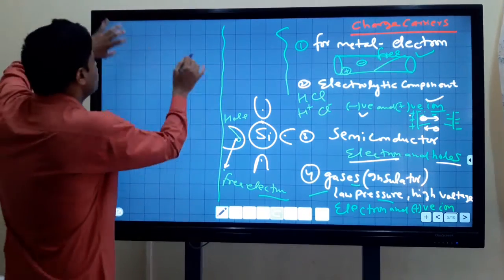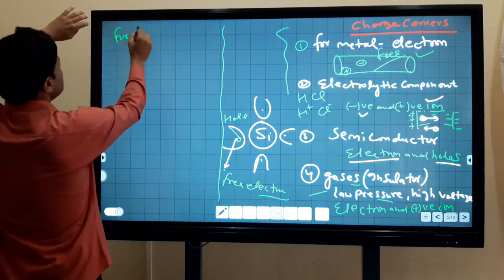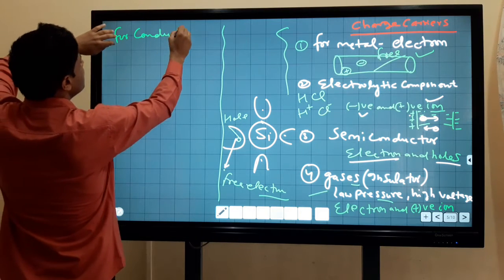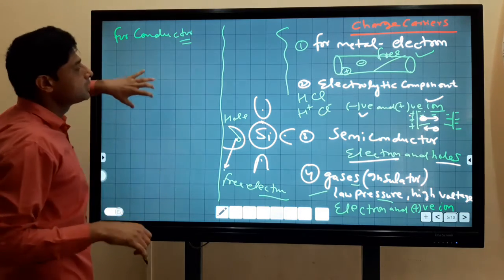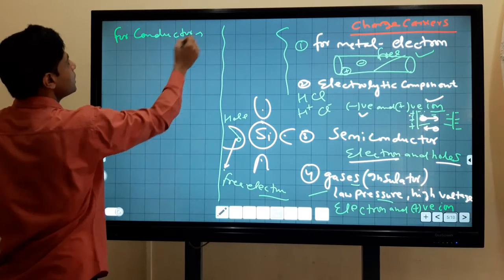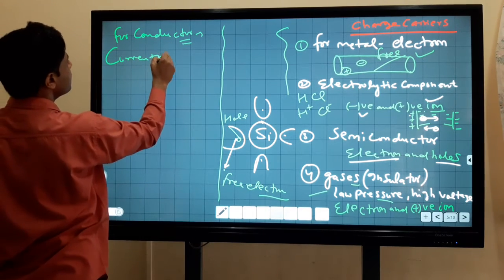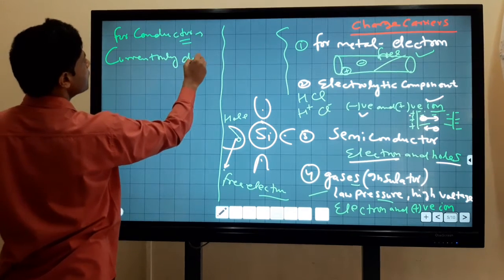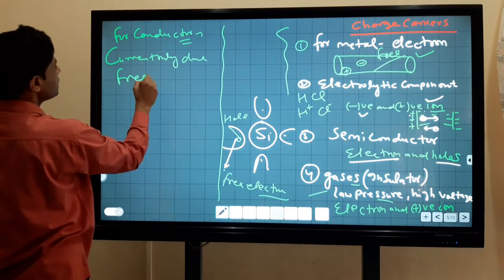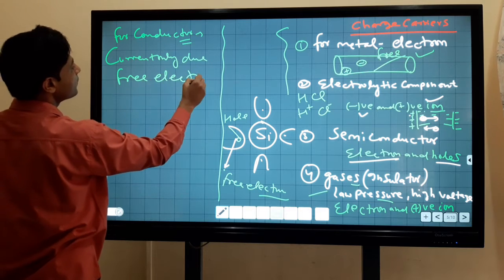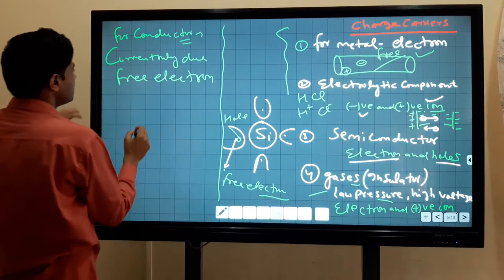So for a conductor, the current is only due to free electrons.